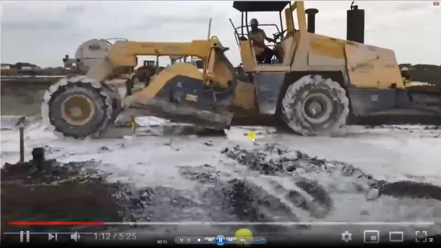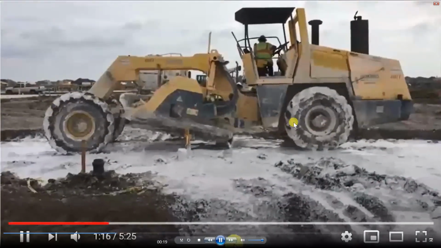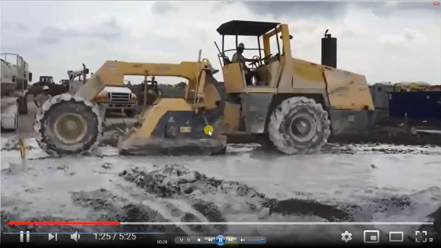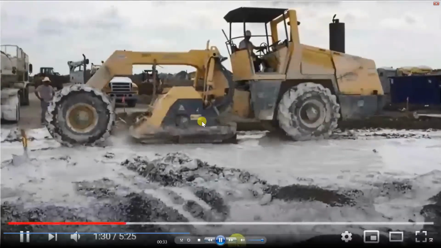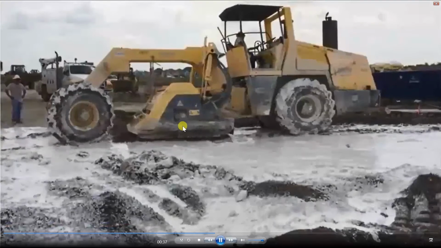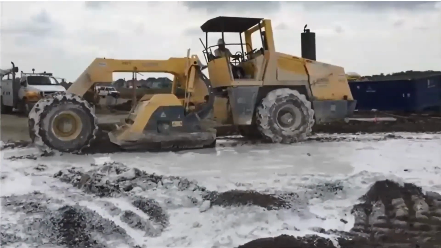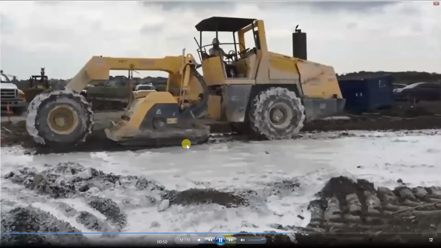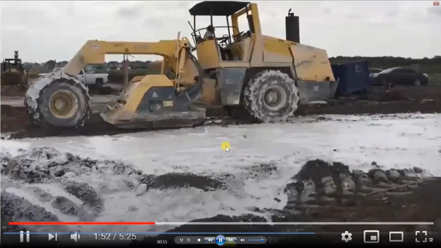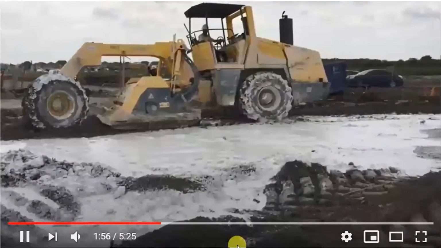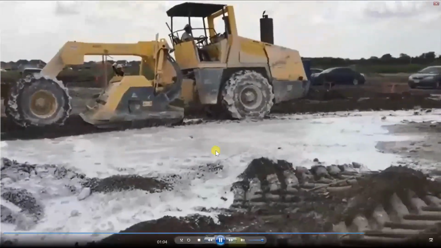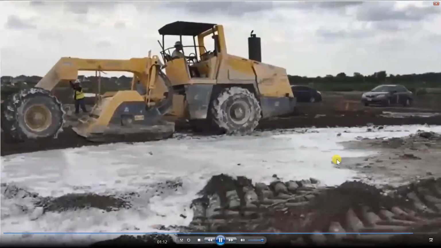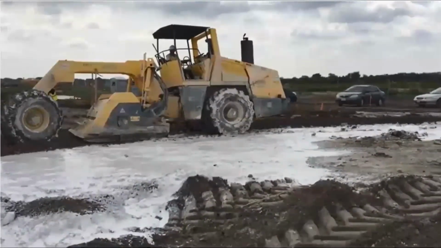So this stabilizer is the Granular Materials. Subgrade is quite weak.